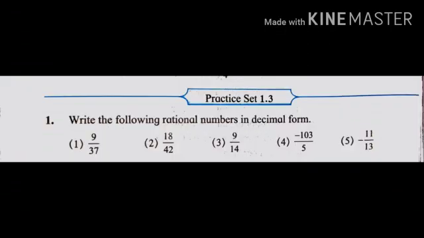In Practice Set 1.3 of your textbook, we have to write the rational numbers in decimal form. Let's see sum number 4, that is the rational number minus 103 upon 5.